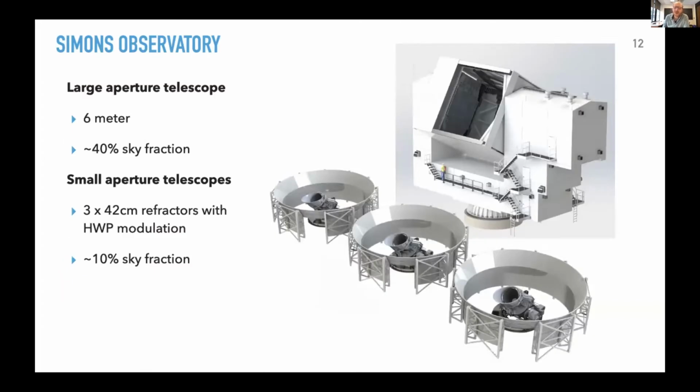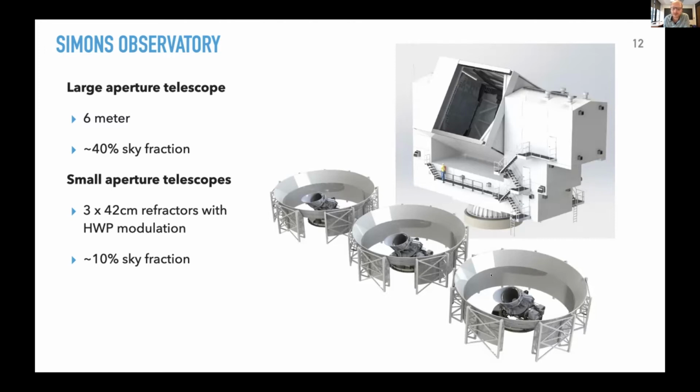The SO will comprise 2 types of telescopes. One is a large aperture telescope, which you see here. I think of this as a newer and better version of ACT. It still is a 6-meter diameter telescope, and we're planning to also map about 40% of the sky with this one. But then additionally, we have these small aperture telescopes, 3 of them, which are much smaller in diameter, because they're really not designed for the same science as the large aperture telescope.